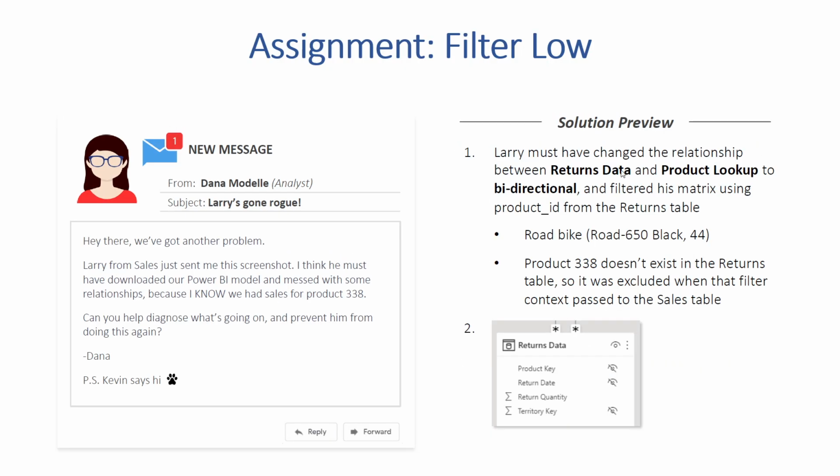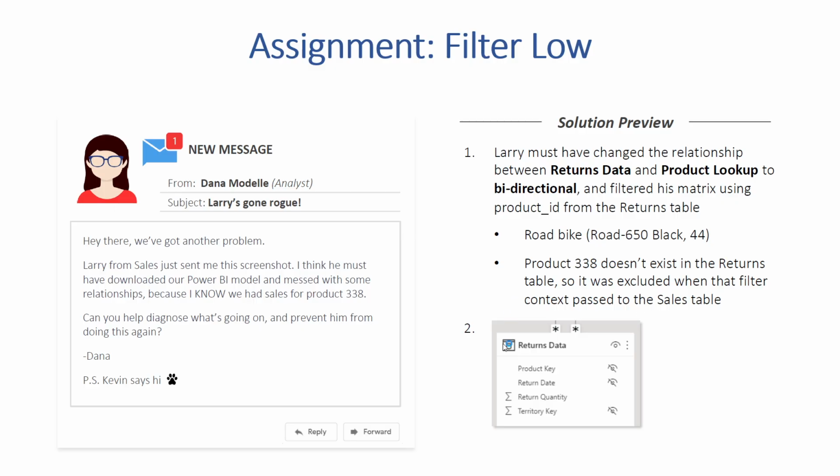The solution is this: Larry must have changed the relationship between the return data and the product lookup to bidirectional, and filtered the matrix using the product ID from the return table, right? And this ID 338 belongs to this product, and 338 doesn't exist in the return table, so it was excluded when the filter context passed to the sales table.